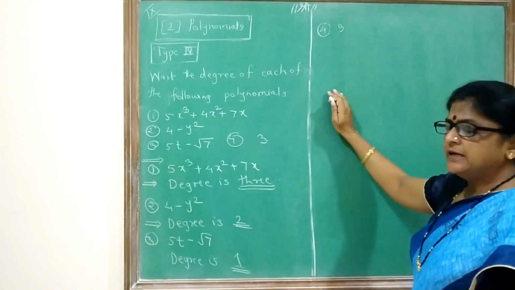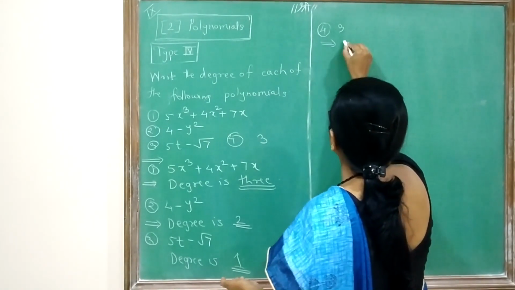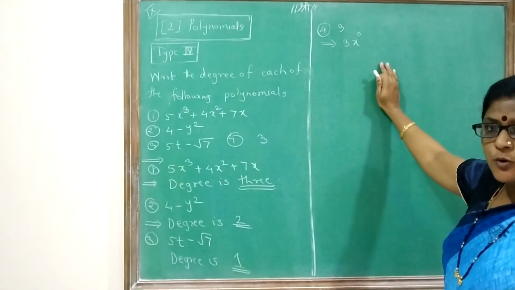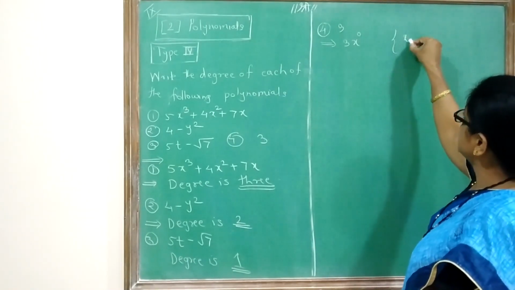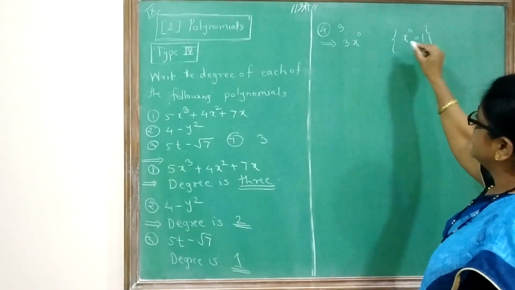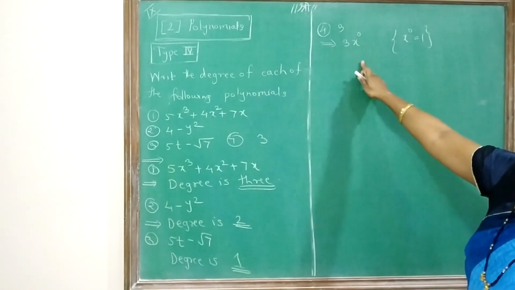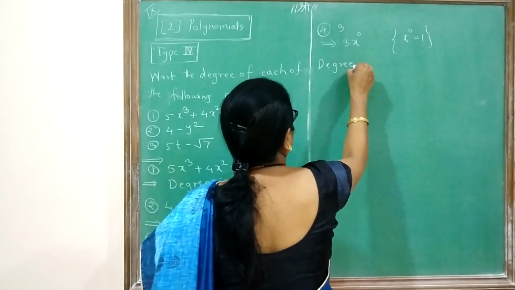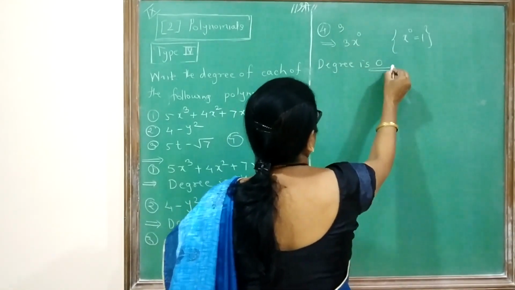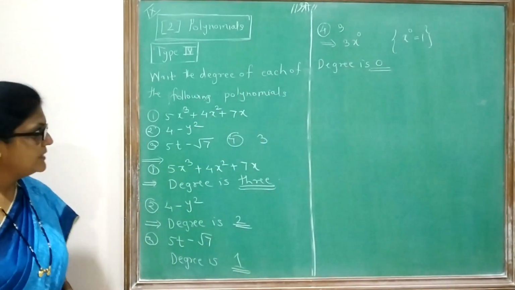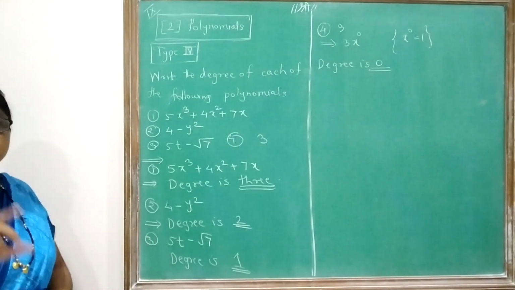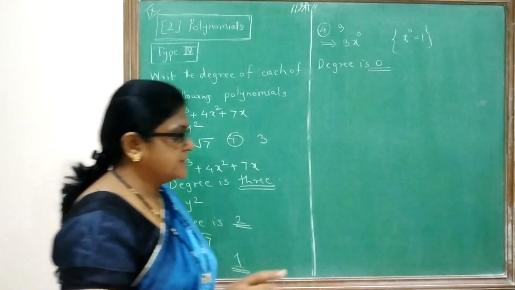Why? Because you can write it as 3x raised to 0, and x raised to 0 is always 1. Means its degree is 0. Correct? When you write the degree, you write the highest power. Then this is the answer.